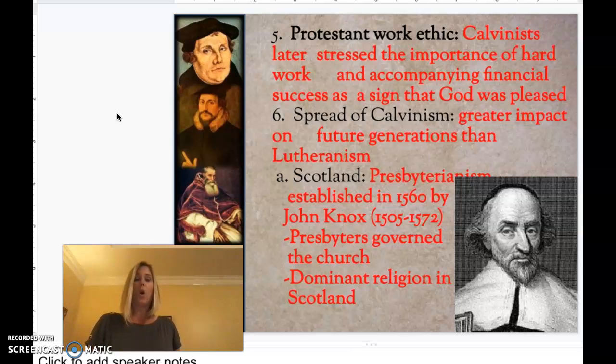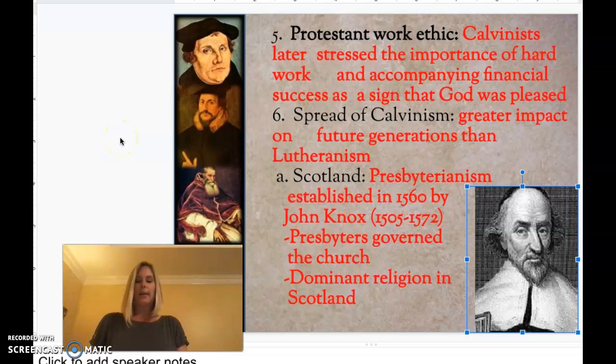They're going to work hard because they believe the harder they work, the more good will come their way, hopefully financially. And if that does happen, then that proves that God is pleased with what they're doing. The only downside is that it suggests that the wealthy would be believed to be the elect and not the poor, if it all comes down to having financial success. So again, there's going to be some disagreement with that.